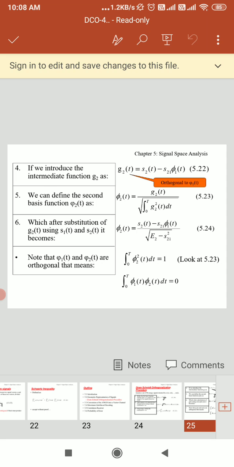After that we substitute G2(t) using S1(t) and S2(t).